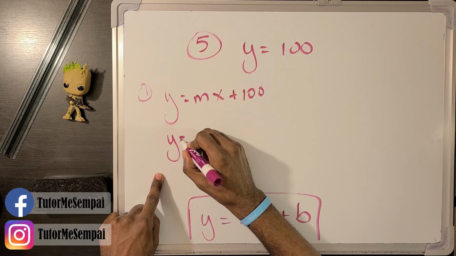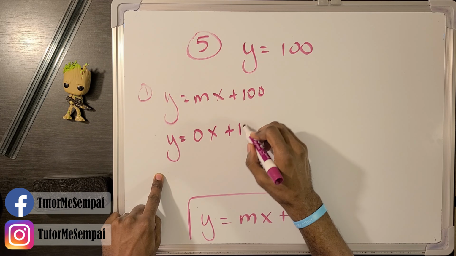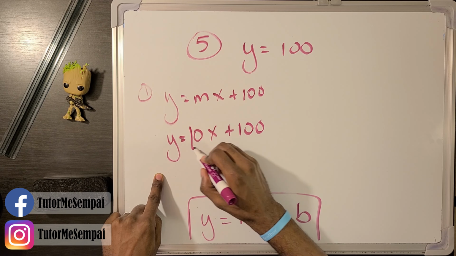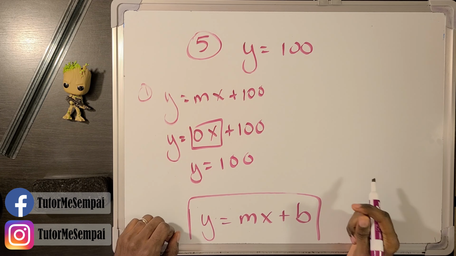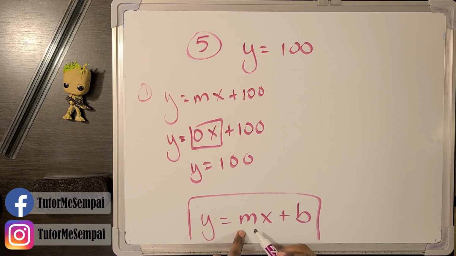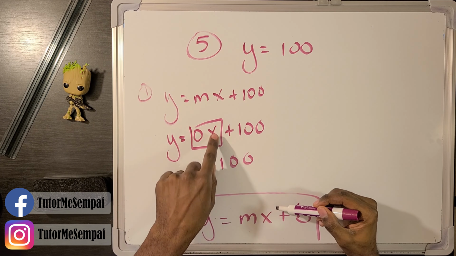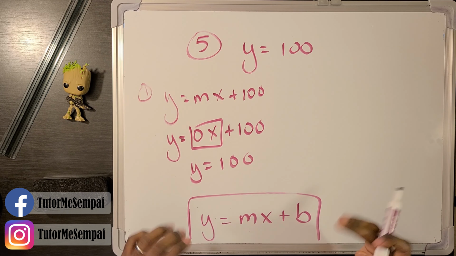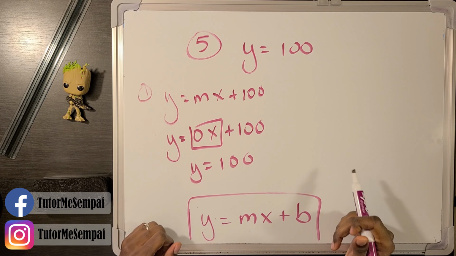So we can rewrite this as y equals 0 times x plus 100. And you see that this will go away, resulting in y equals 100. It looks like we can get the slope-intercept form as long as our slope is 0. We already see that the exponent for the x is 1, so it hits both criteria. Thus, we know that our constant function can be considered a linear function.